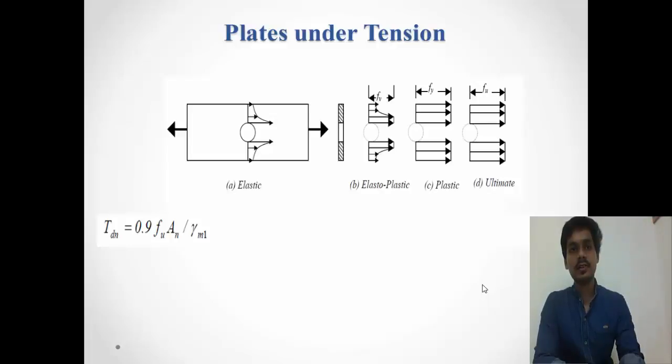Finally, the rupture tension failure of the member occurs when the entire net cross section reaches the ultimate stress Fu, as shown in figure 4d.